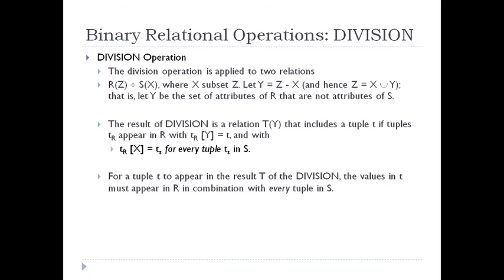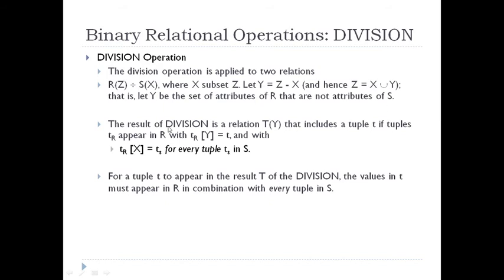So it must be a subset of Z. And then Y equals Z minus X. So that means in the resultant, Y is the set of attributes of R that are not attributes of S.